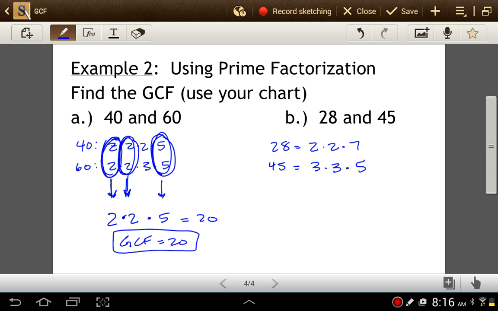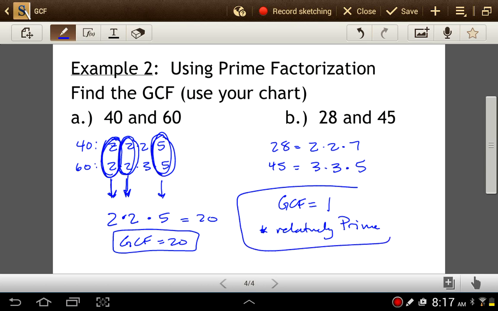Remember, what goes into every number, and the number we don't use in prime factorization, is 1. So it's not that they don't have a greatest common factor. Here's an example where the greatest common factor is equal to 1, which again makes them relatively prime. So when you do this and there's nothing to circle, your GCF is 1.